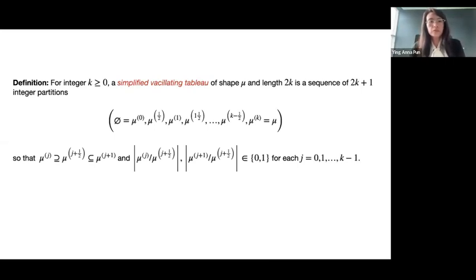So now, hopefully you remember what Vacillating Tableaux are and also the M numbers. And here, what I'm going to tell you is another simplification, which we call a simplified Vacillating Tableau. Everything is basically the same.